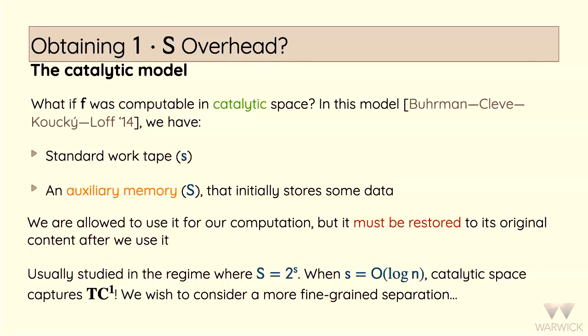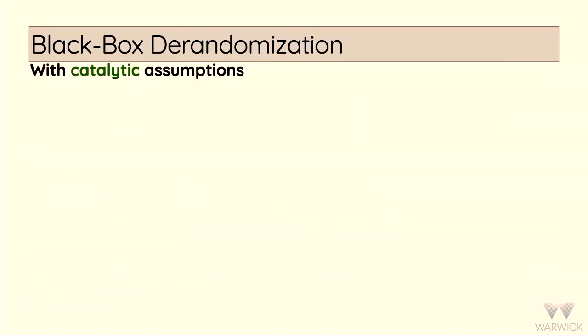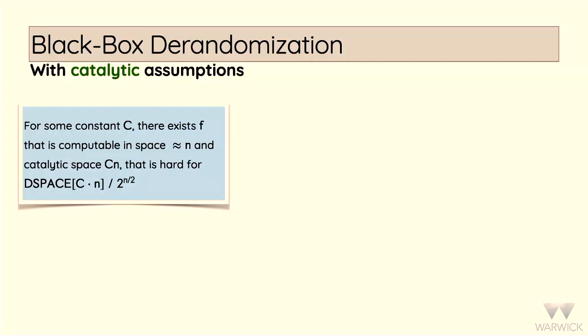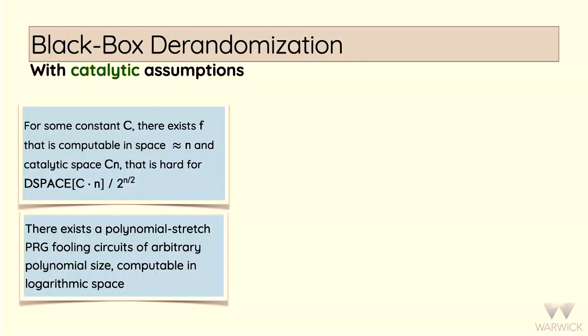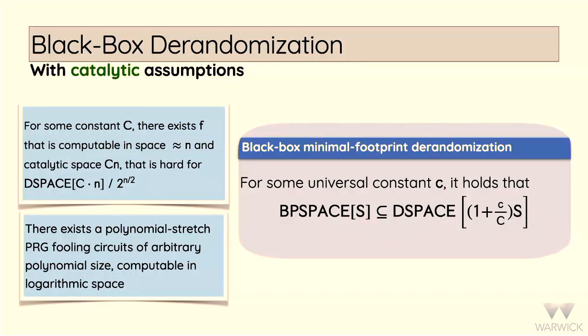But we wish to consider a more fine-grained separation. What do I mean by that? Remember that f was computable in (C+1) times n space. If most of this space was actually catalytic space, then we can get 1 plus little something times S. These are still PRGs.